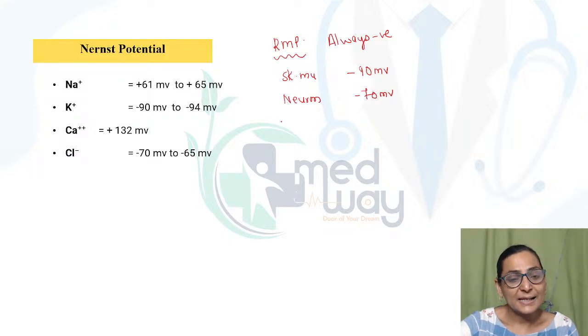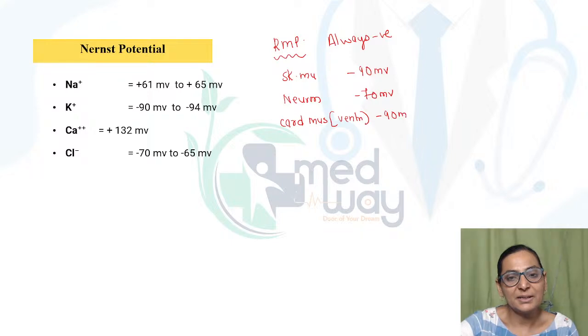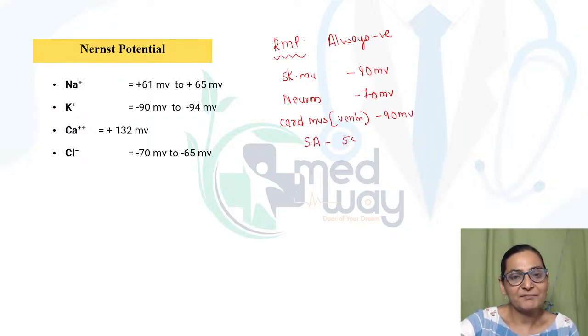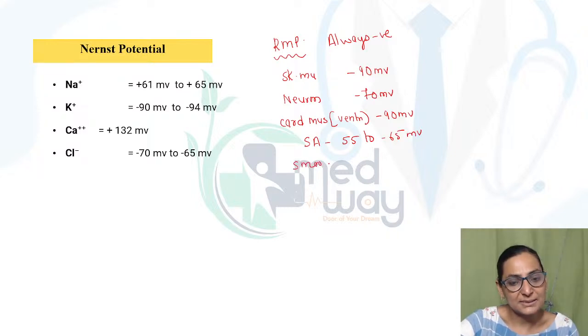Cardiac muscle, you have to specify: ventricles minus 90 millivolts, but SA node minus 55 to around minus 65 millivolts. Smooth muscles, again less, minus 40 to minus 60 millivolts.